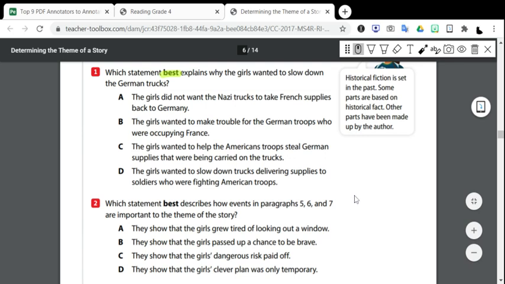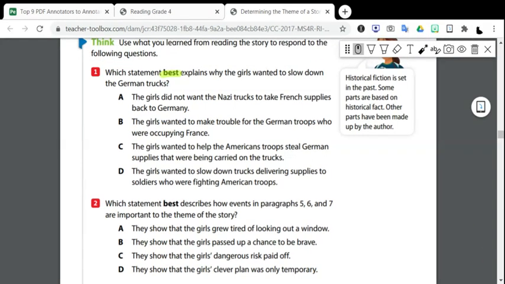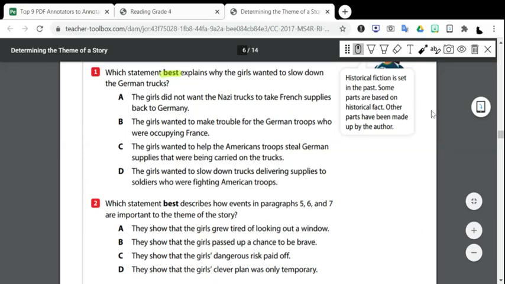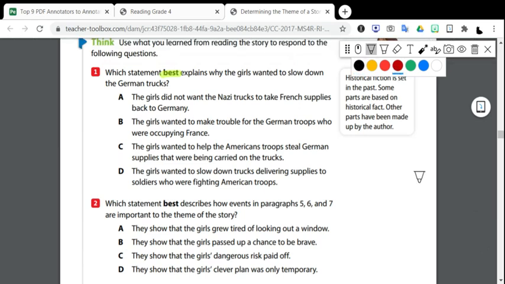And let's keep in mind, we're looking for the best answer. Okay. C, the girls wanted to help the American troops steal German supplies that were being carried on the trucks. Now, when you get to a choice that you are somewhat sure of but not positive, you need to go back to the story and reread that part of the story. You don't have to reread the whole thing unless you want to.